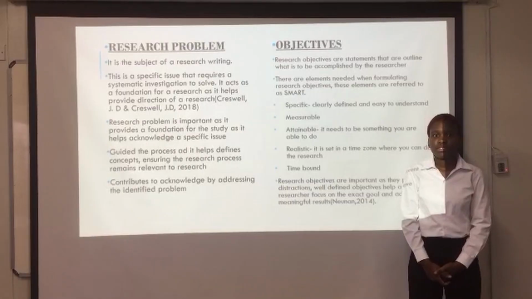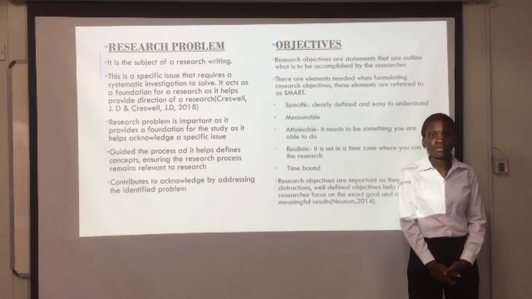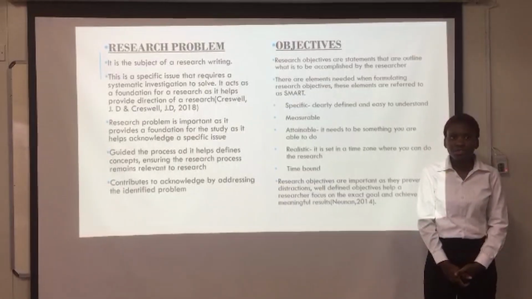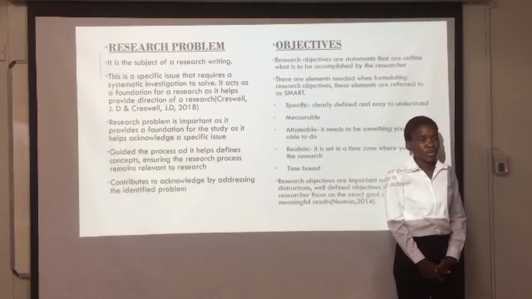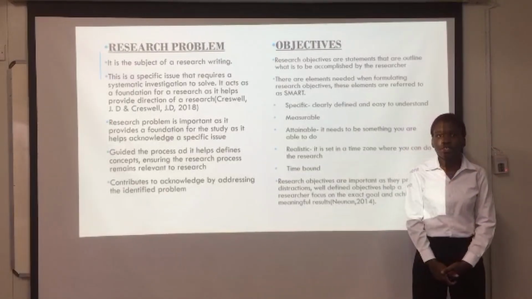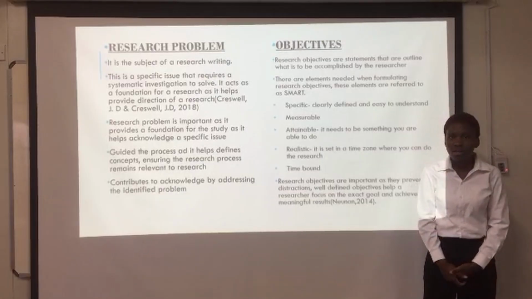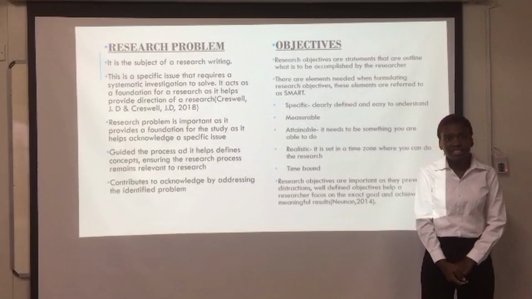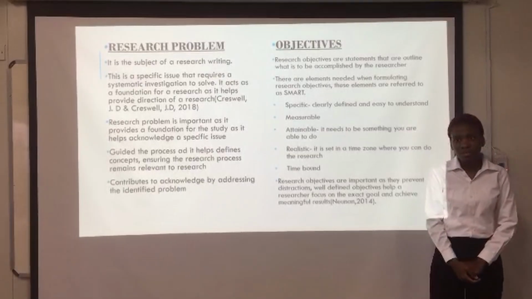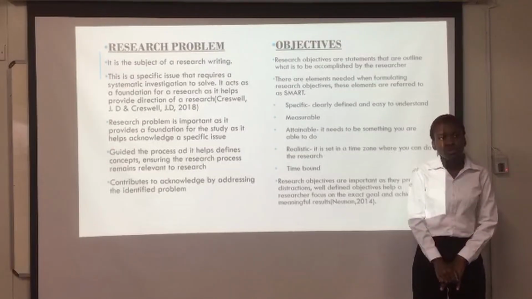Objectives are statements that show what the researcher aims on researching or studying about. Elements used when formulating research objectives are: 1. Specific. The objective has to be understandable. 2.